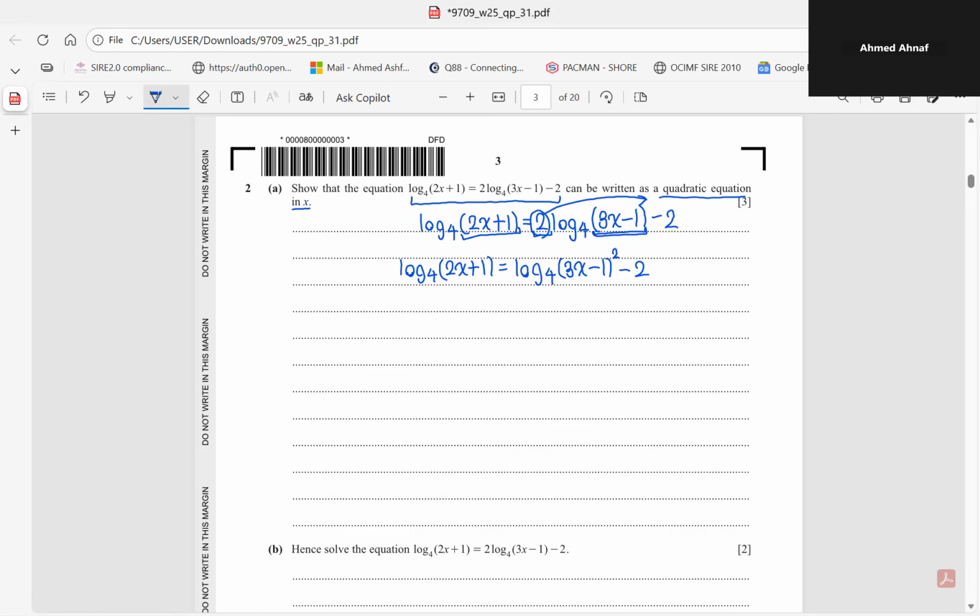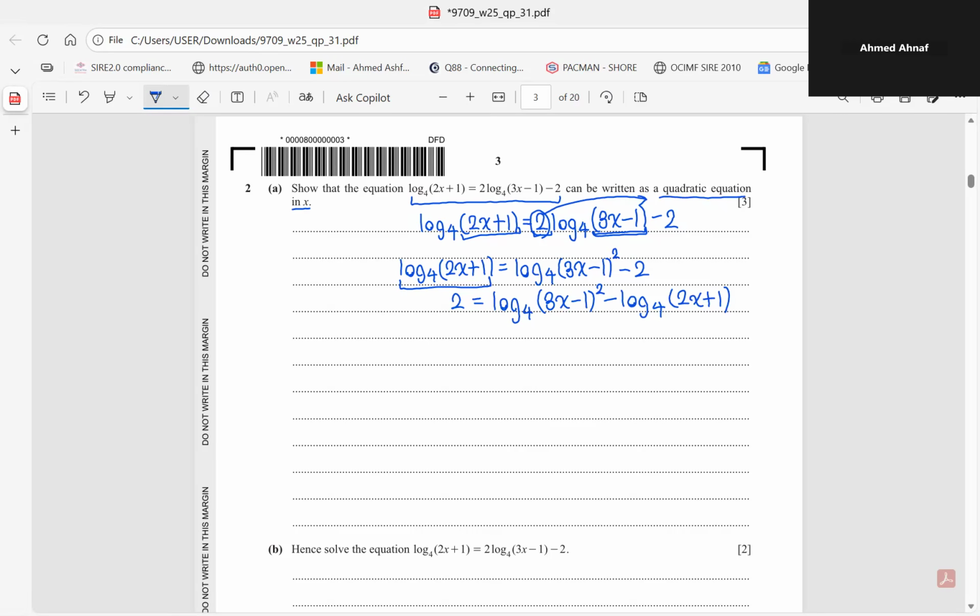So we can add 2 to both sides to bring it to the left-hand side, and we can subtract this from both sides to bring this log to the other side. So we'll get 2 equals log base 4 of 3x minus 1 squared, minus log base 4 of 2x plus 1.